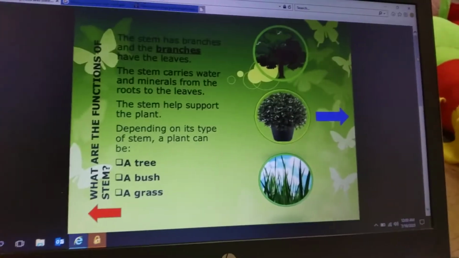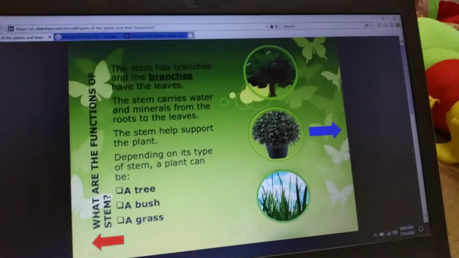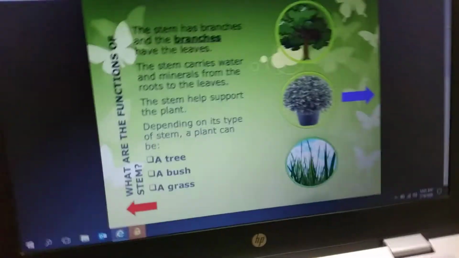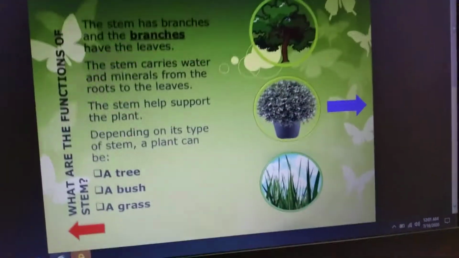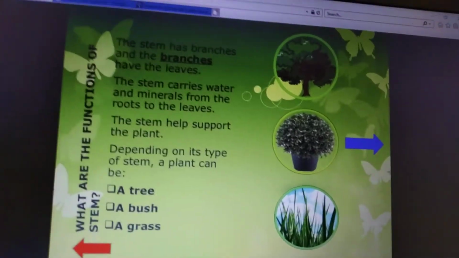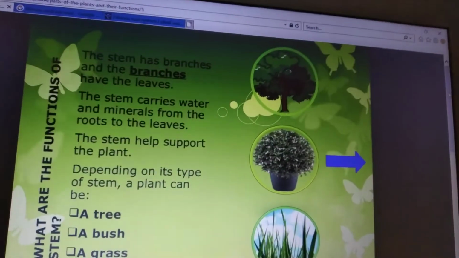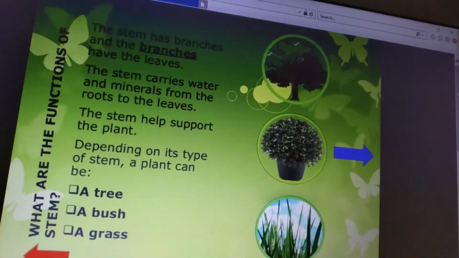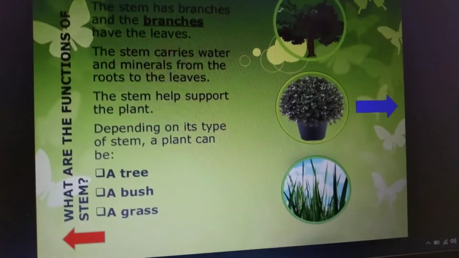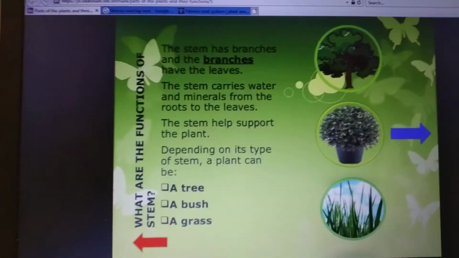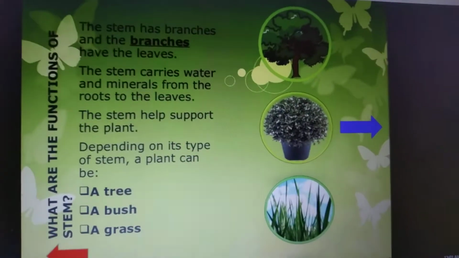They are called creepers. Those stems will give the support to the plants. Creepers have weak and thin stems. For example, you can say money plant, sweet pea, bitter gourd. These are creepers.